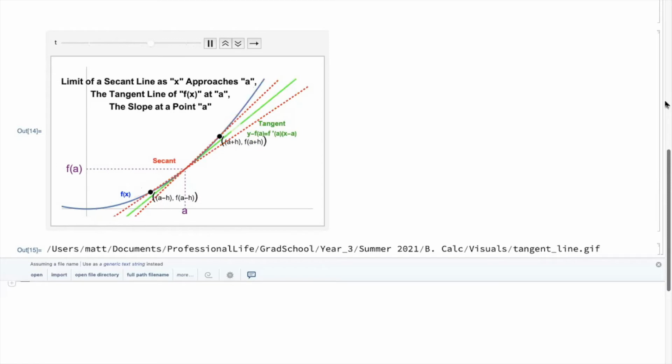So our slope here is going to be 21 divided by 100, divided by 1/10, or just 21 divided by 10, right? This slope is going to be 2.1.